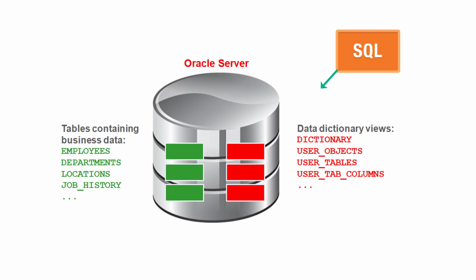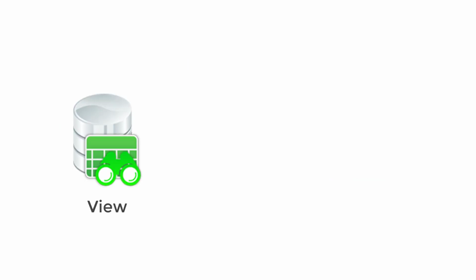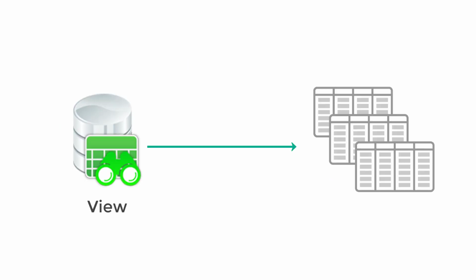You use SQL statements to access the data dictionary. Remember that the data dictionary is read-only and therefore you can only query its tables and views. The data dictionary consists of set of views. A view is a logical table based on one or more tables.